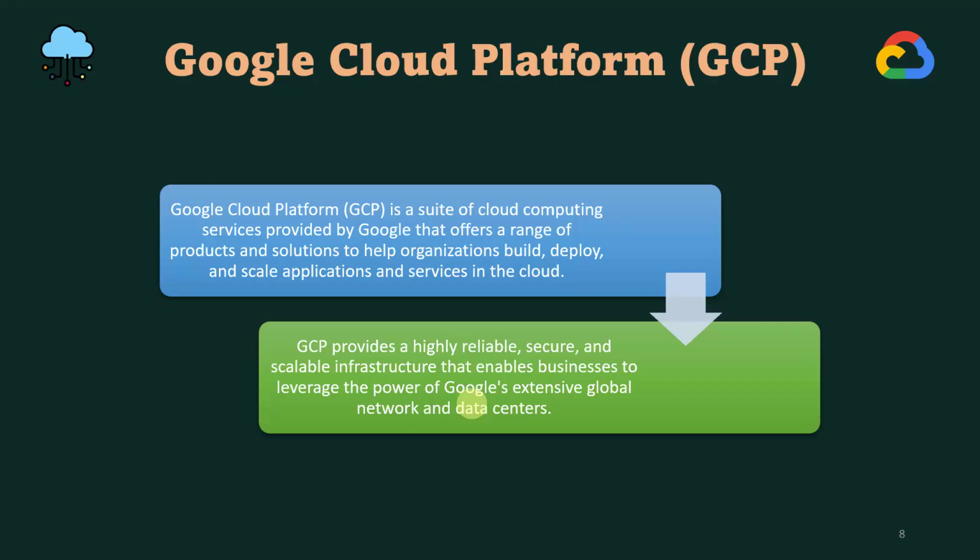These services and solutions are highly reliable, secure, and scalable infrastructure that Google Cloud Platform offers from different networks of data centers throughout the world. That is what we have seen.